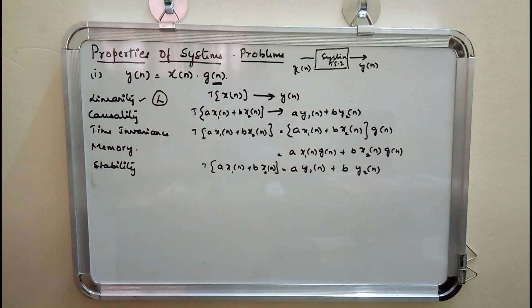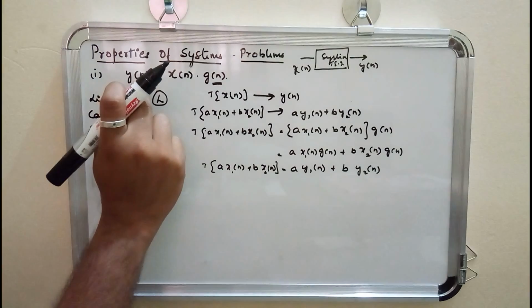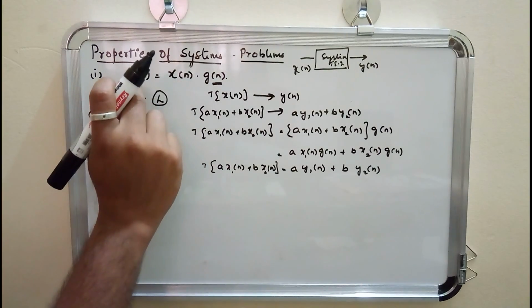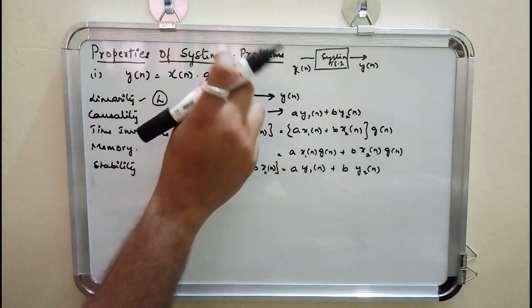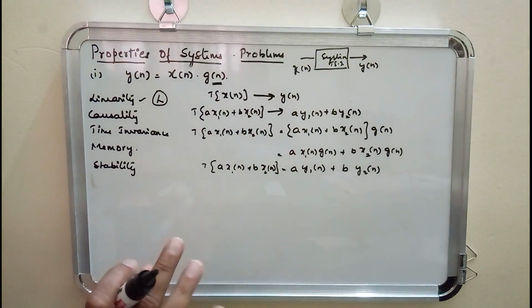Now coming to causality, as we know from the basics of causality, the output at one instant should depend upon the input at the same instant or the previous instant. Now, what is the relationship between input and output here? Y of n is equal to x of n into some constant factor.